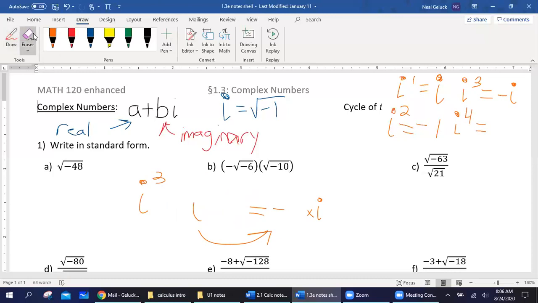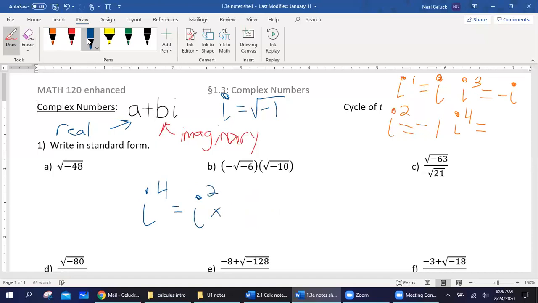Let's consider i to the fourth. Let's split that into i squared times i squared. But I just figured out from before that each i squared is a -1. So this is -1 times a -1. -1 times -1 is 1. So i to the fourth is +1.